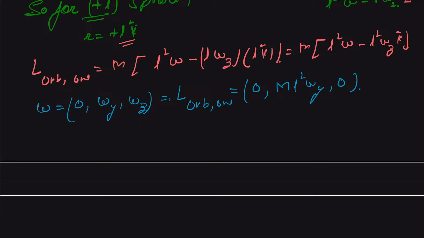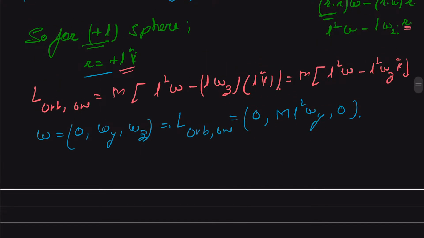And for the other sphere we are going to take r equal to minus L k unit vector, and the result will be the same magnitude. Therefore for the total we just take their summation.